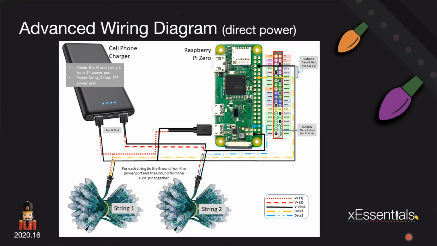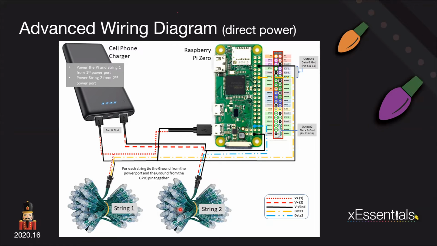Power coming off of a Raspberry Pi, depending on which documentation you look at, is about 50 milliamps. 50 milliamps, again, I'm not going to get into the math, but 2 ports of 50 milliamps is not going to run 1100 pixels. So what you can do is run just the ground and just the data to one set of lights, and just the ground and just the data for another set of lights.